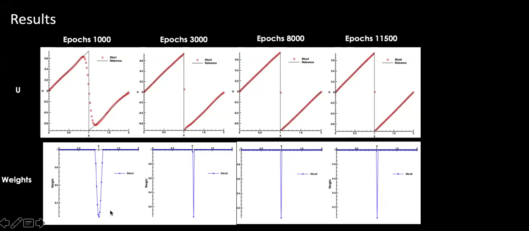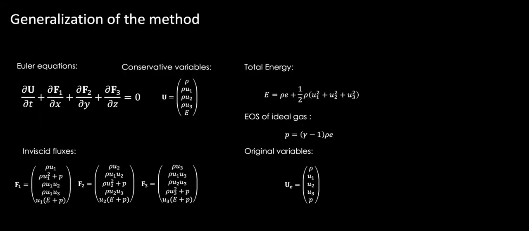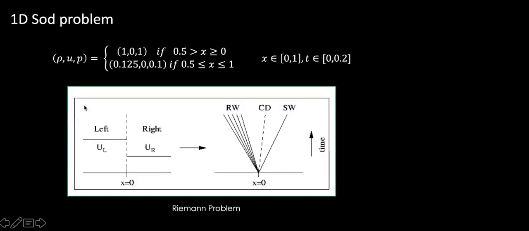Then we test the generalization of the method with both one-dimensional and two-dimensional cases. First is the Riemann problem. This problem is a one-dimensional Riemann problem with a rarefaction structure, a contact discontinuity, and a left-running shock wave.